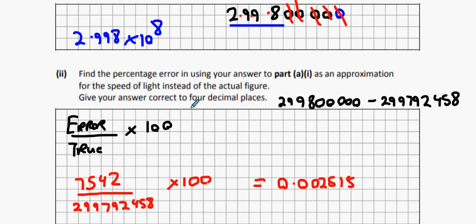How many decimals am I allowed? So 0.0025. Okay, and it's actually a percent. Very, very small error.